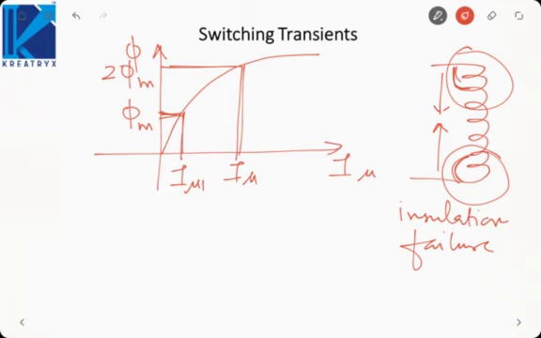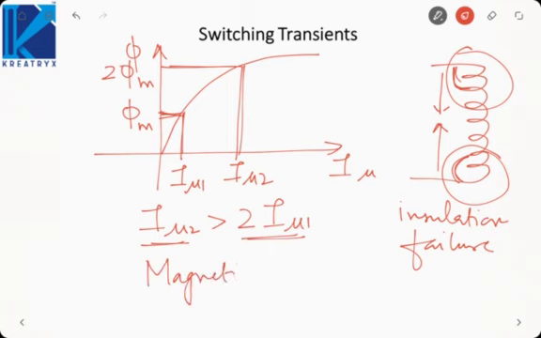And here the magnetizing current I mu 2 is much greater than 2 times I mu 1, due to saturation. If it were linear, the change in flux would be proportional to the change in current. But the curve is not linear due to saturation. The flux will require a high amount of current, due to which a very high current will flow into the transformer primary winding. Such a current is called magnetic inrush current.